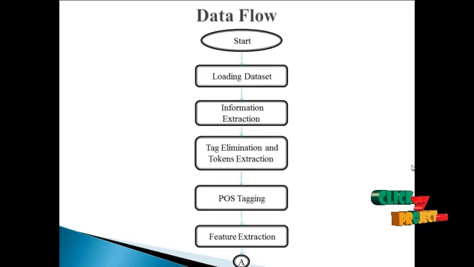Let's see the flow of the process. First is the start, then loading the dataset from the folder. From the loaded dataset we extract the information by tag elimination and token extraction. Tag elimination uses the slash and greater-than symbols, and token extraction handles the full stop, semicolon, and double quotes.